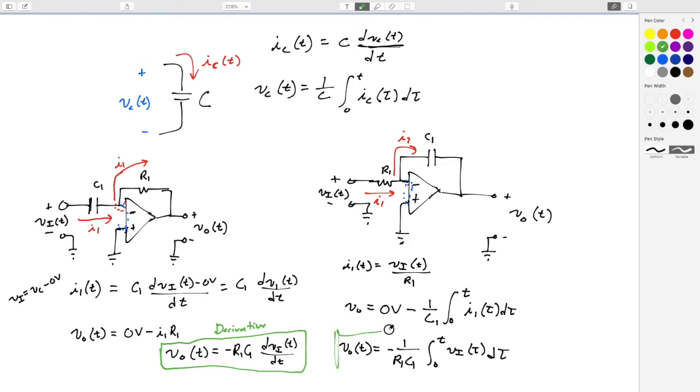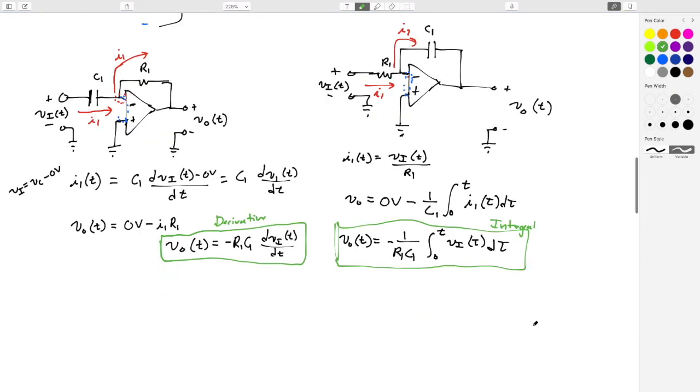Nice. Now looking at this equation, the output voltage is based off of some constants, and there's a negative, of course, but it's going to be based off of the integral of the input voltage. The previous one was based off of the derivative of the input voltage.